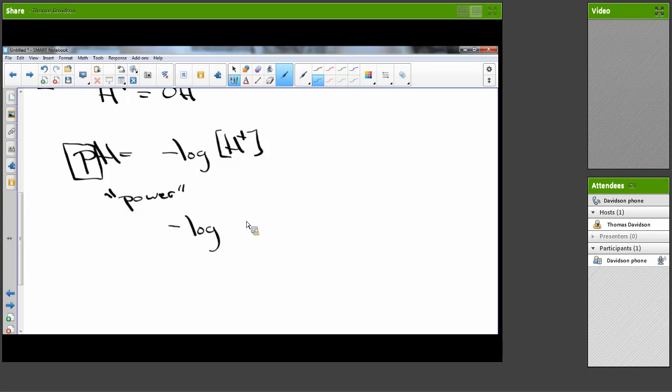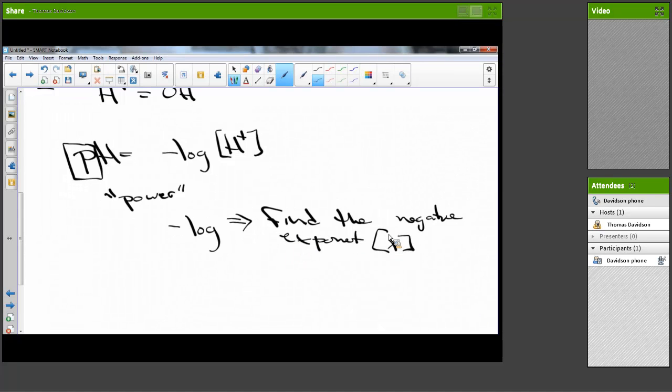And if you're just math nerdy enough, negative log really means find the negative exponent that this number is raised to. Kids have a heart attack when you use the term log. But log is just finding you have a number, it equals an answer.